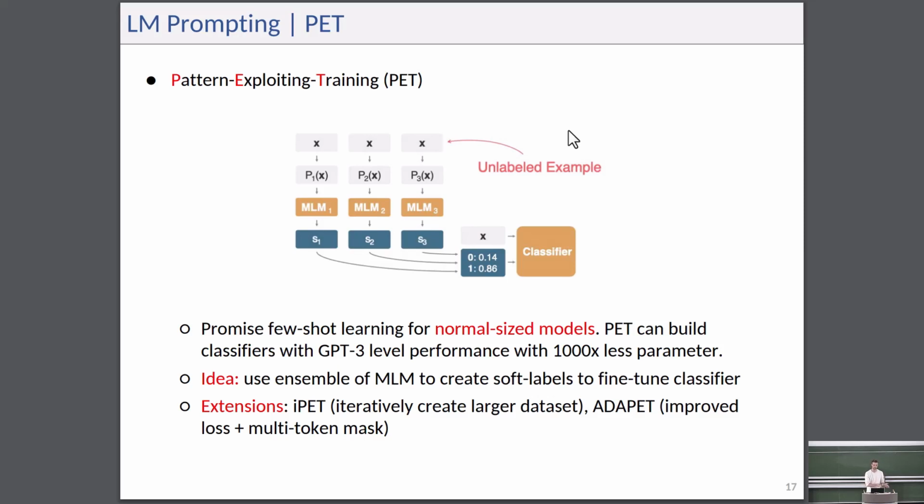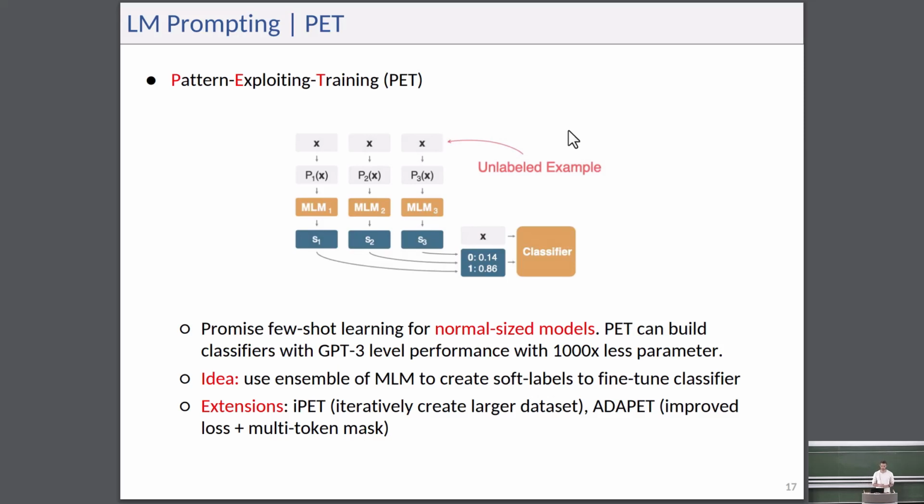So I'm back to having the power of prompting, because I don't have any layers to fine-tune on top of the language models, and I'm only training from scratch a small classifier that can leverage multiple language models. And the nice thing about PET is that you can get GPT-3 level performance with something in the millions of parameters, which is quite insane. And also it's extremely efficient.